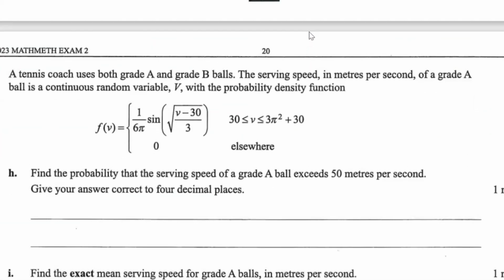All right, now find the probability that the speed of a grade A ball exceeds 50 meters. So this is going to be grade A and grade B. Let's actually define this one here.